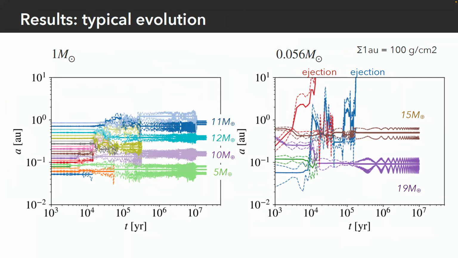Actually, I don't think it's so different. This is because I plotted this in units of years, and if we consider the unit of orbital period, it's like 10 to the 6 or 7. So it takes 6, 7 orbits. It's maybe not so different from those systems.